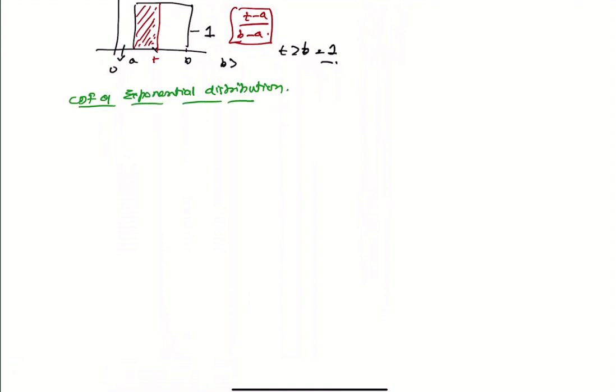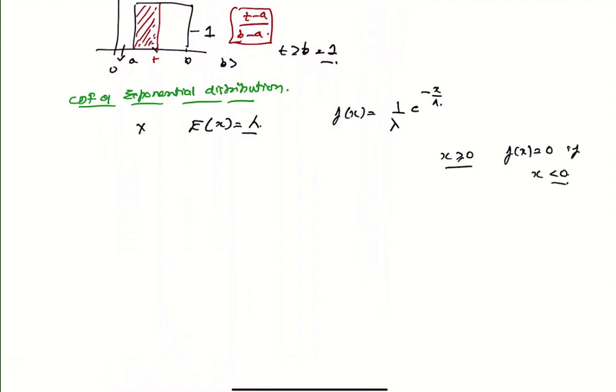So let's say that x is an exponential distribution. So for exponential distribution, expected value of x is lambda. That is just the property of exponential distribution, and in that case the f of x is going to be given by 1 upon lambda e to the power minus x upon lambda, for x more than or equal to 0, so this is applicable for positive values only, and f of x is going to be 0 if x is less than 0.